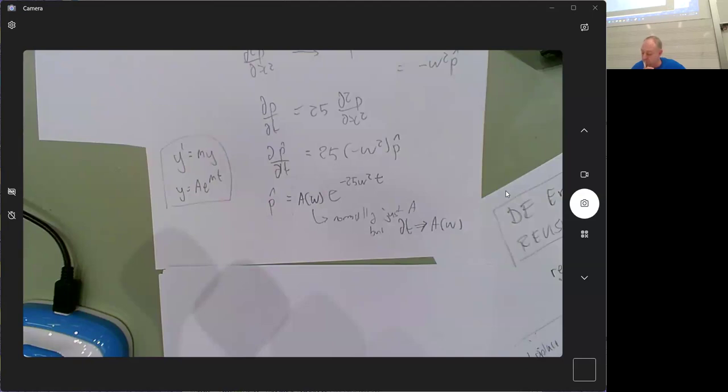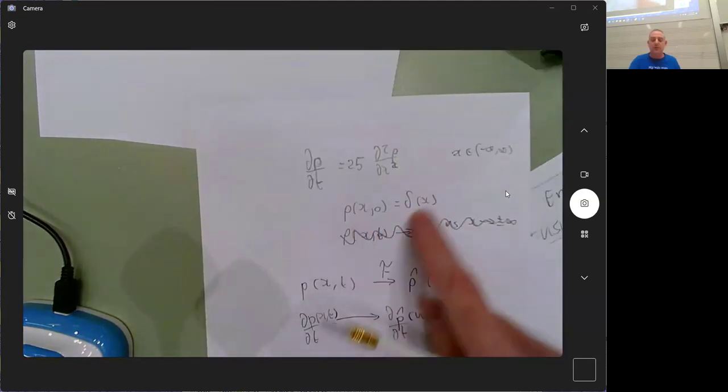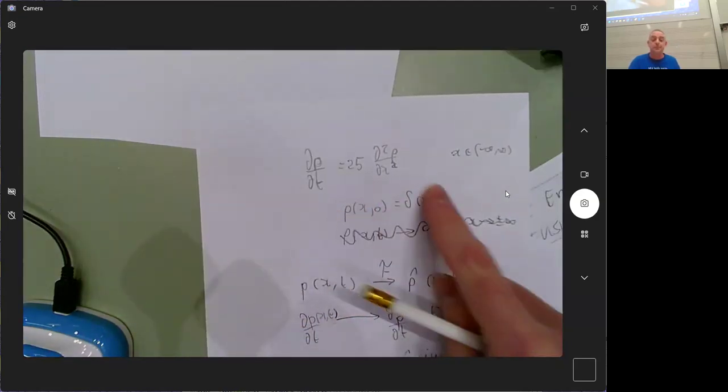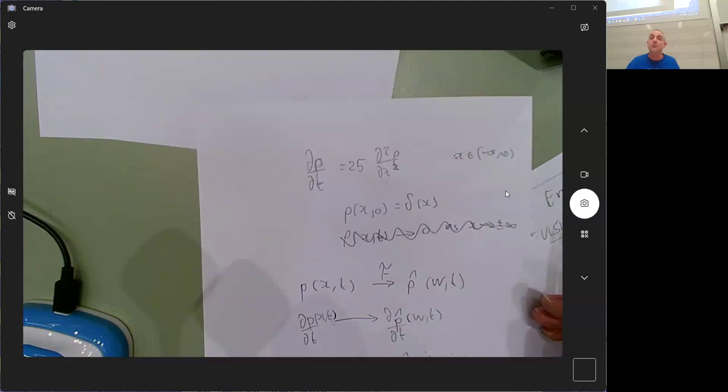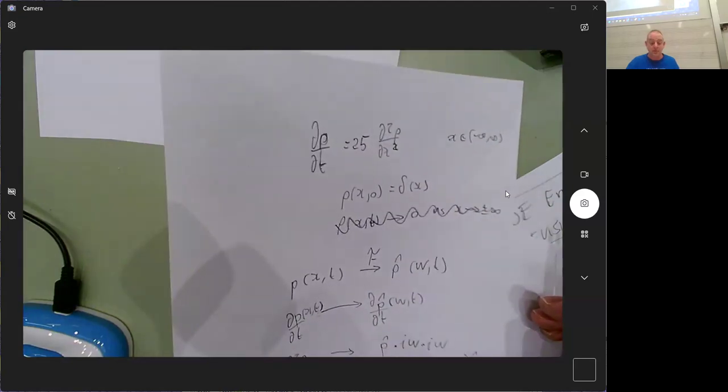Or I could be very careful and transform this as well. That would be good too. And sub that in now.